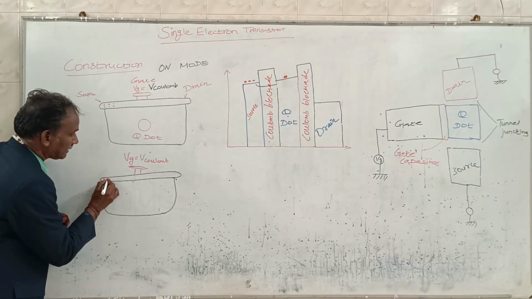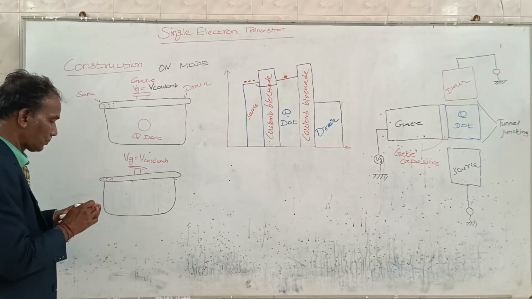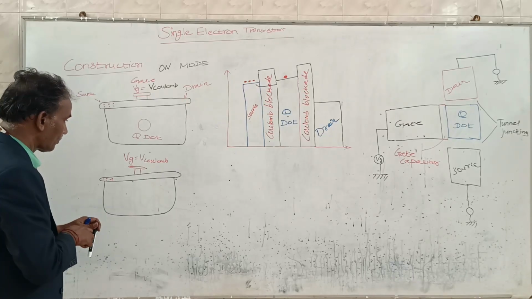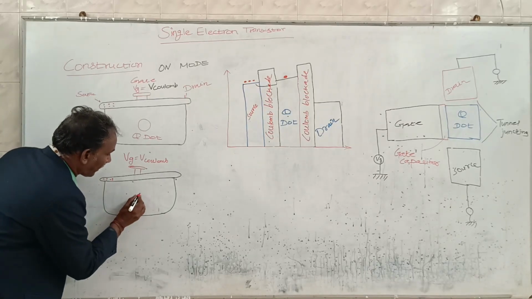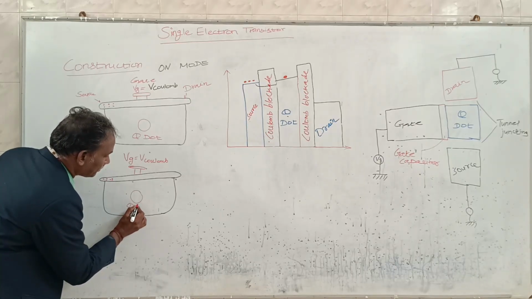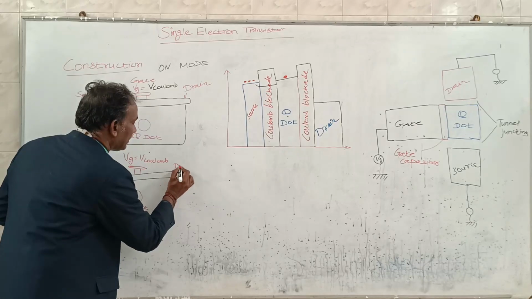So as we discussed earlier, the electrons are available in the source, right? And as usual, here we have a quantum dot. And here we have a drain.